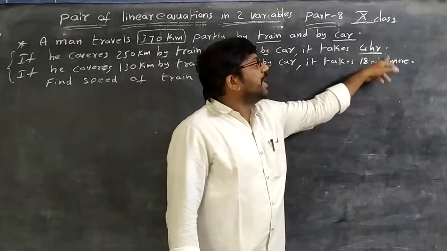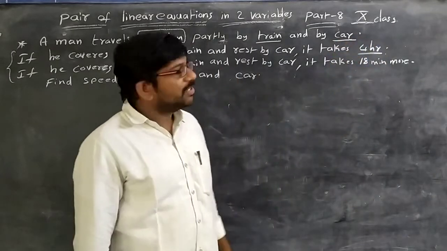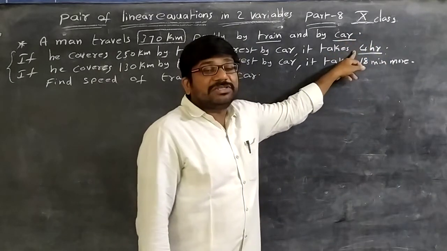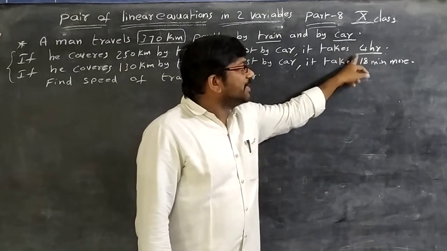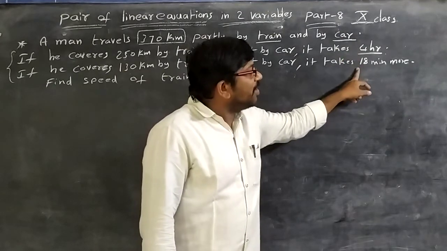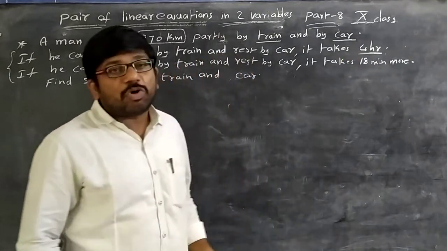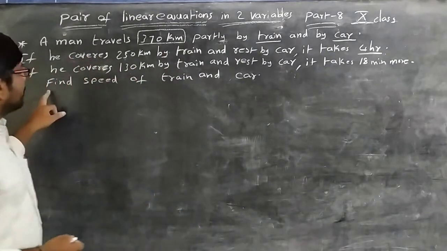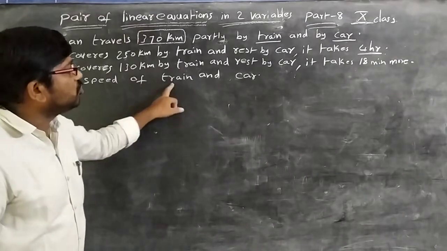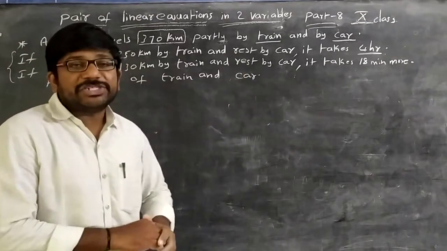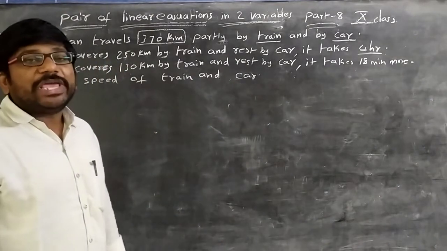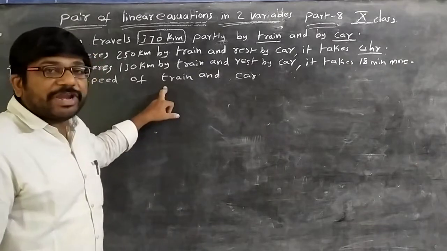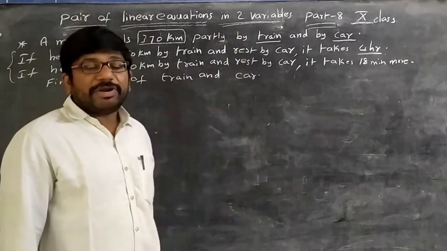In the first condition the time taken is 4 hours, but in the second condition 4 hours 18 minutes. 18 minutes more means we should add 18 minutes. Then find the speed of the train and the speed of the car.